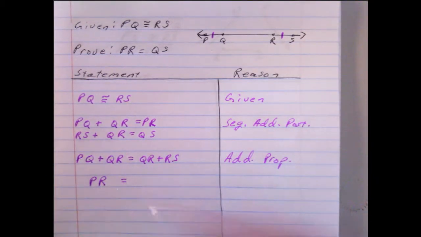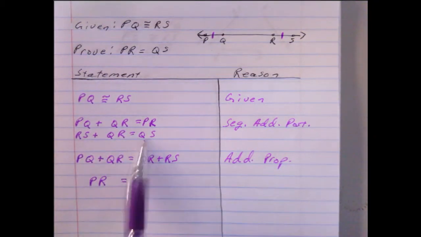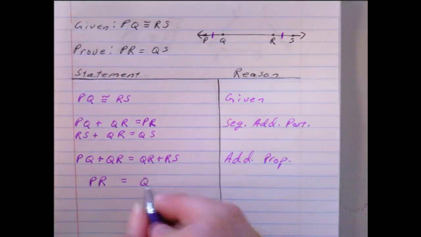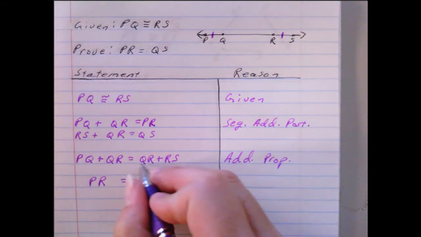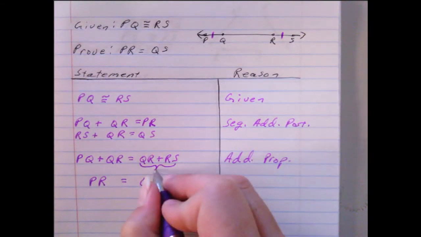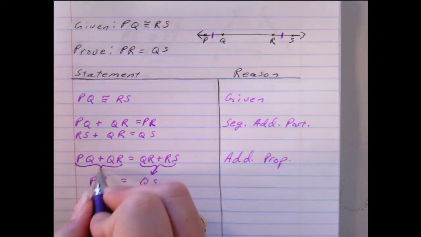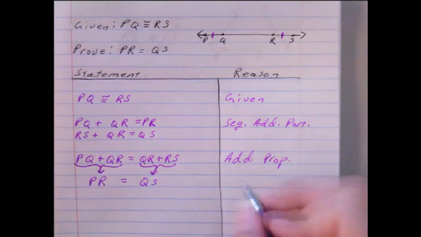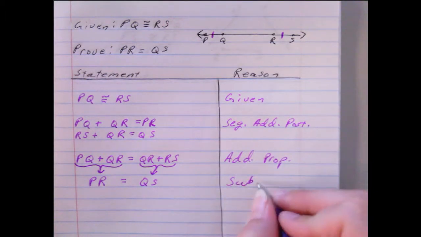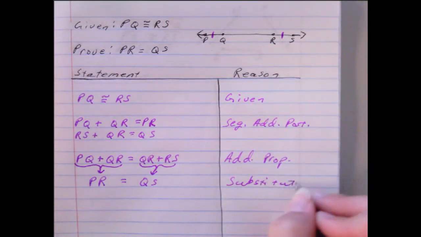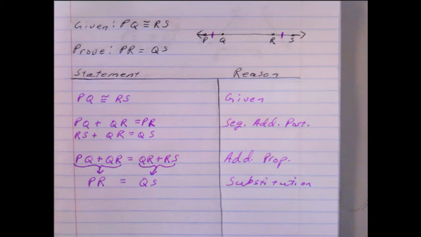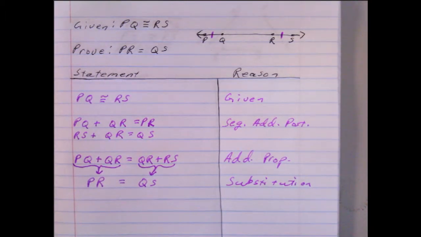PR equals, we have QR plus RS, that's this piece here, and that equals QS, so we're going to put QS. So we took this and plugged in that. We took this and plugged in that. So this is substitution.